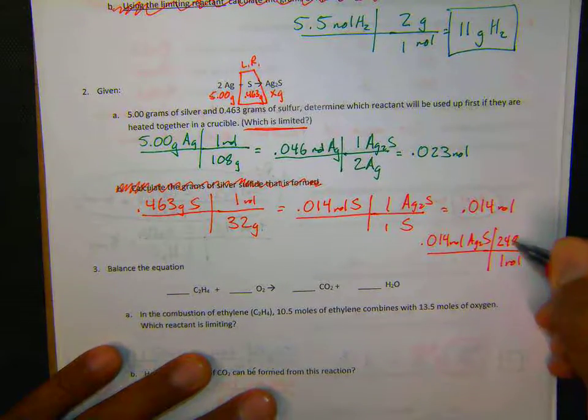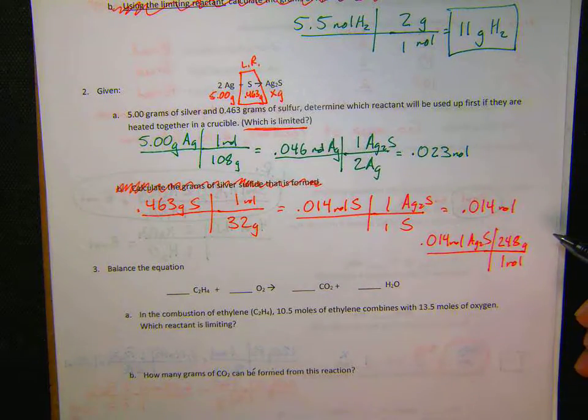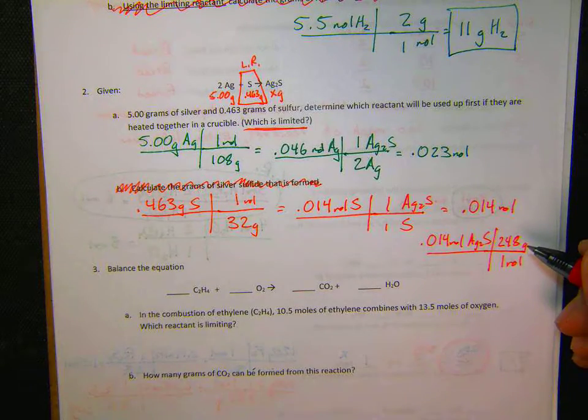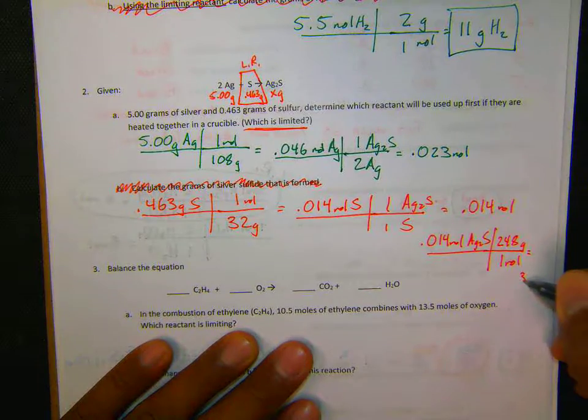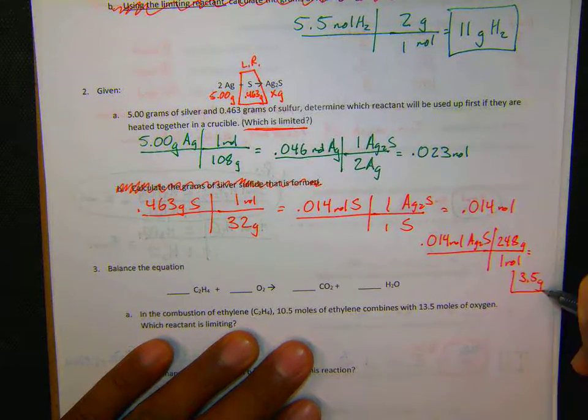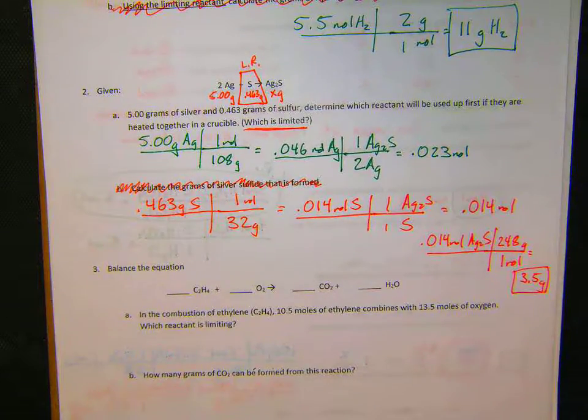So 248 grams times 0.014, and 3.5 is our answer. So 3.5 grams, this is how much I'm going to make. So that extra step you only do for the limiting reactant. Okay? So you do both, but then you only use your limiting reactant for your answer.